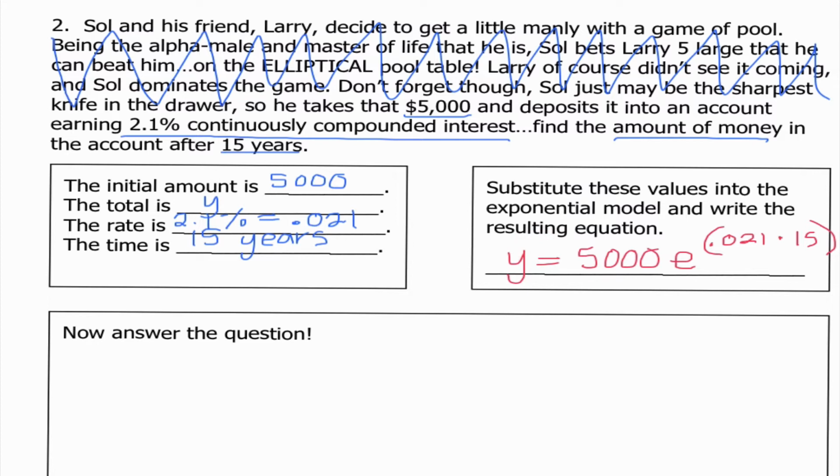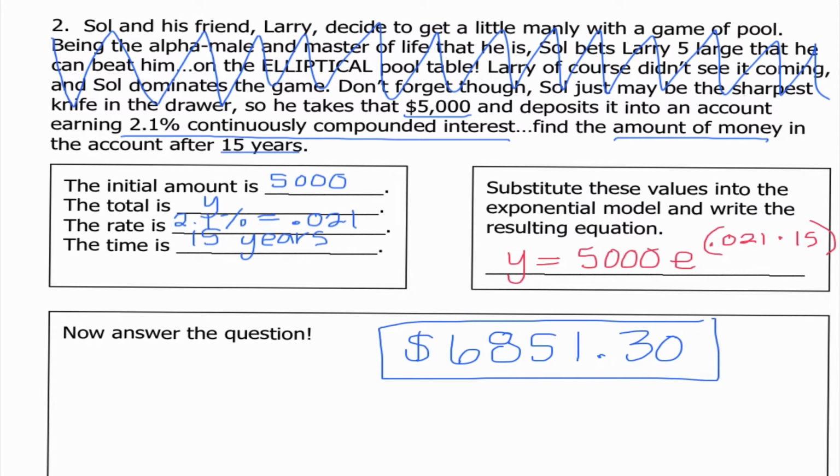So the way that we are going to answer this question is to put this straight into our calculator. The biggest thing I want to stress is that we need to make sure that this entire thing is up in our exponent. So when I input that all into my calculator, we end up getting $6,851.30. And since we are in the U.S., it would make sense that we would round to 2 decimal places because we're talking about money.